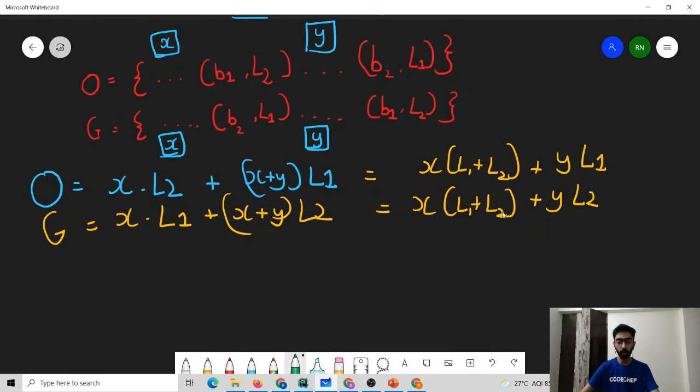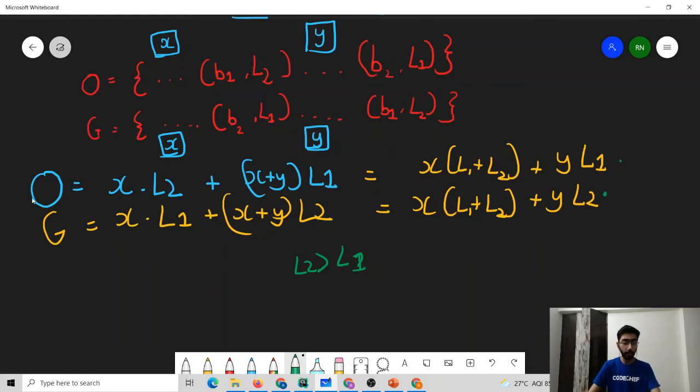One thing that we should note is that since L2 is greater than L1, our new solution, that is our greedy solution, is for sure not worse than the optimal solution, because we can see that these two values are the same, and Y times L2 will be greater than Y times L1 because L2 is greater than L1.